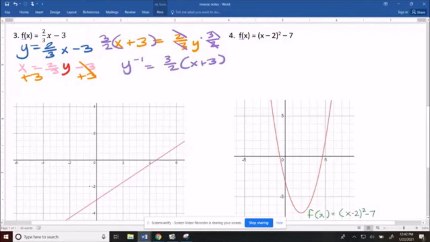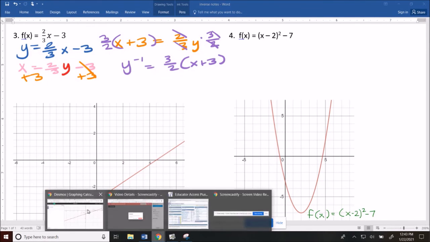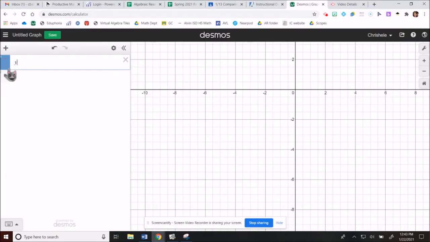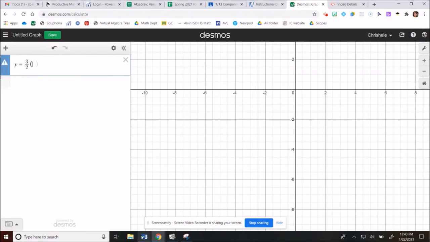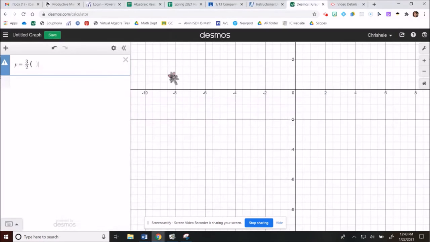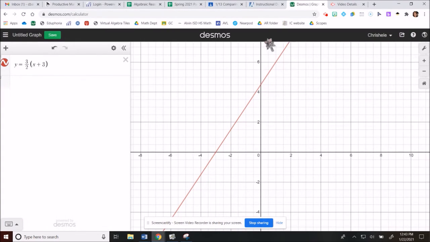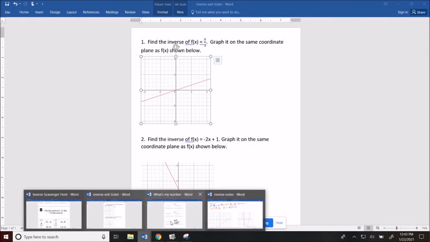So let's go see what that looks like graphically. I have y equals 3 over 2 times x plus 3. I have a y-intercept of 4.5 and an x-intercept of negative 3. Those two things are very helpful when I'm graphing.